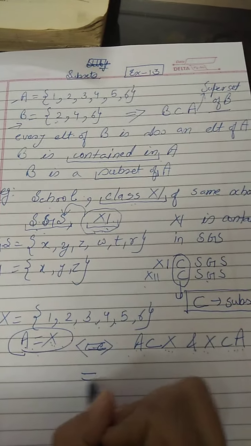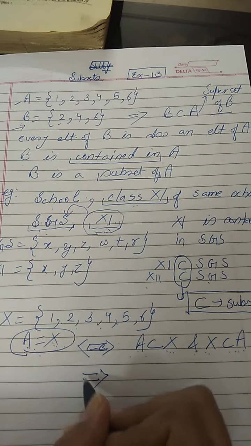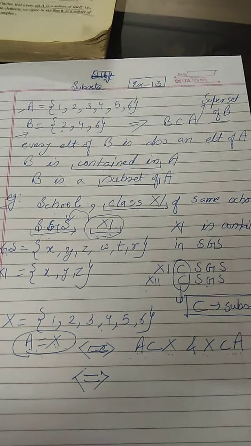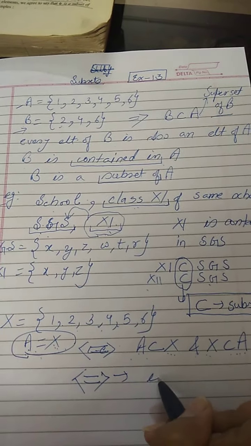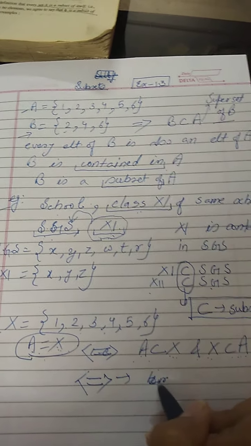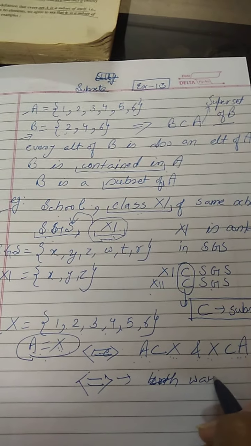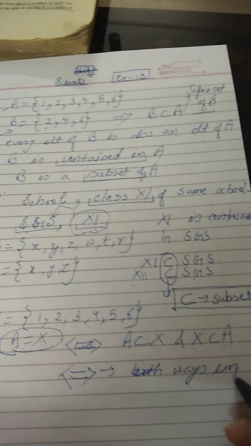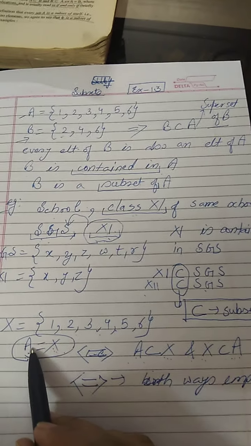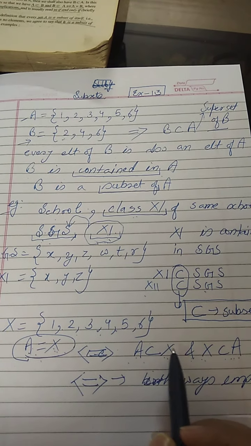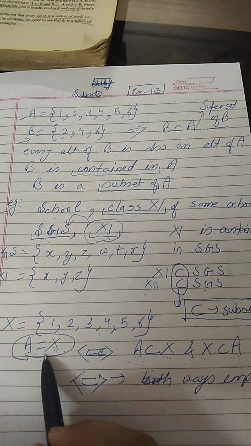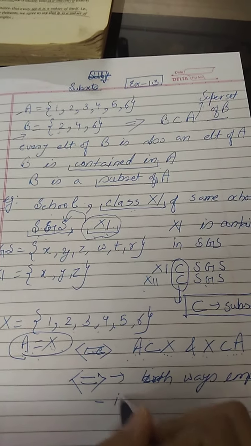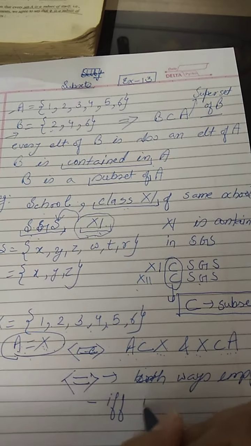When we use this symbol, with the arrow in both directions, it is called both ways implies. That is, it works from left to right and from right to left also. This condition is also called if and only if.